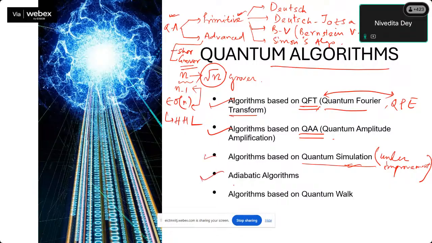The fourth one is the adiabatic algorithm. The adiabatic process is something very slowed down. Whenever you slow something down in physics, we hear the term adiabatic, and adiabatic properties of some material or temperature curve.